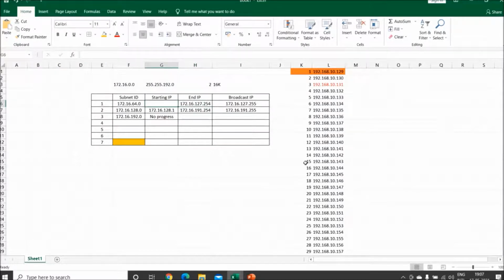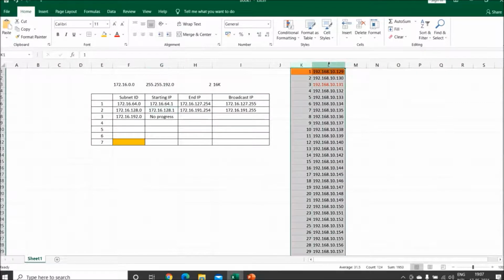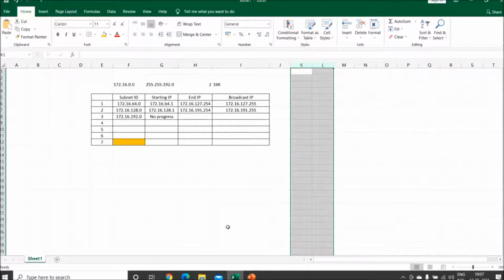The last IP will be 172.16.127.254, and the first IP would be 172.16.64.1. Okay, now the subnet table is ready. Just by doing minus 1, I brought it here. But in actuality, we have to understand how many networks are made, so I'll take you through a further step.